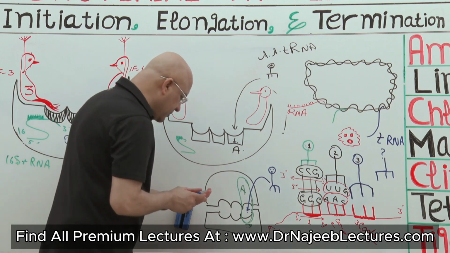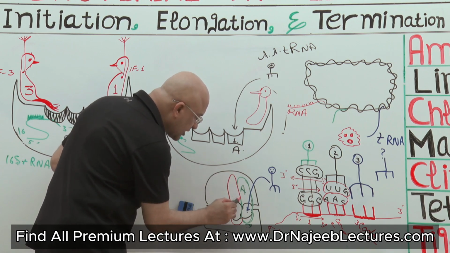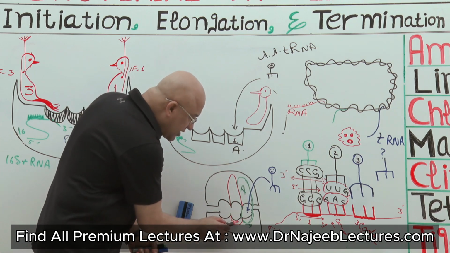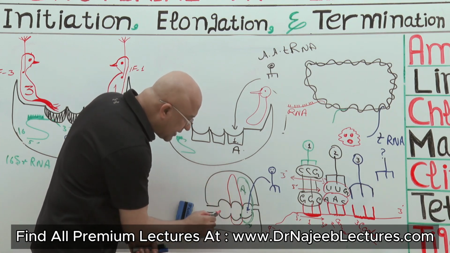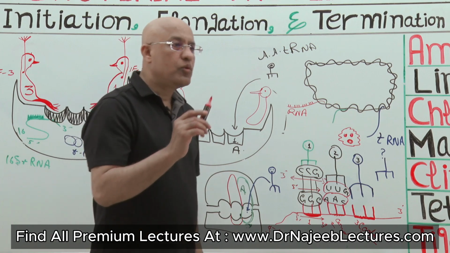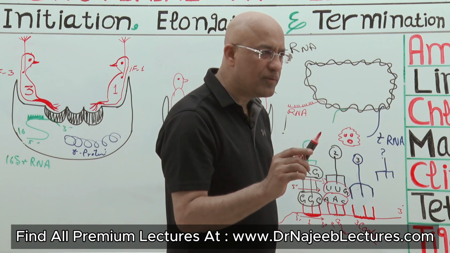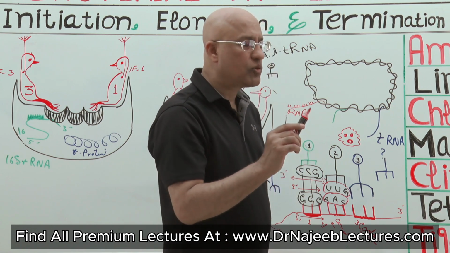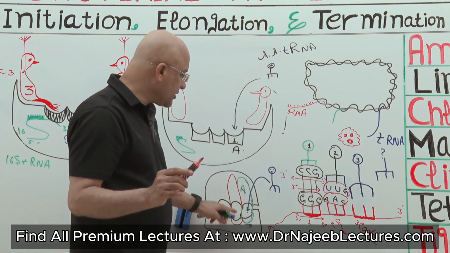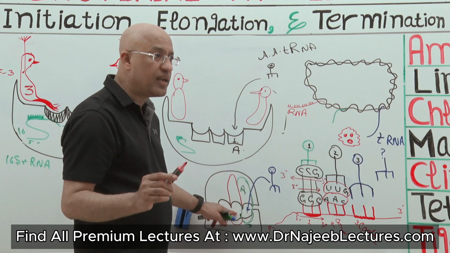Then the second pocket also partially extends on 30S and partially on the 50S subunit, right? Slightly on 30S and a larger component on 50S. Here is a transfer RNA binding site. Which transfer RNA?